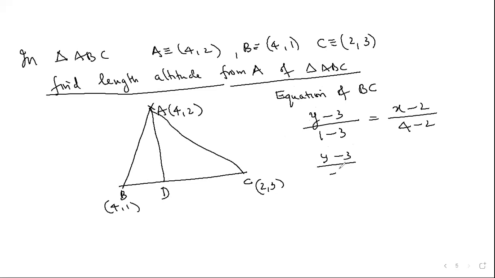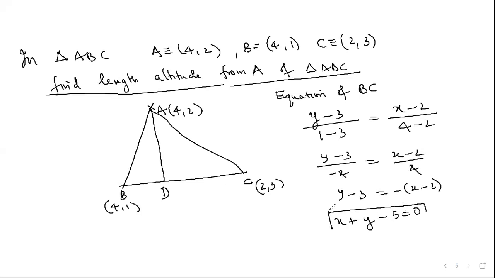Y minus 3 upon minus 2 is x minus 2 upon 2. That 2 can be cancelled off. Y minus 3 is minus x minus 2. So x plus y minus 5 equal to 0. This is the equation of BC.